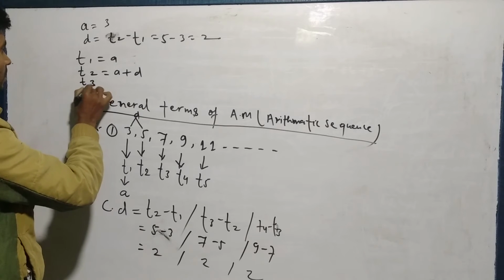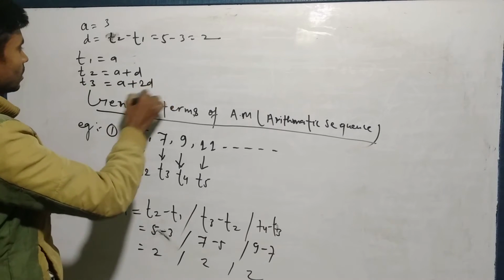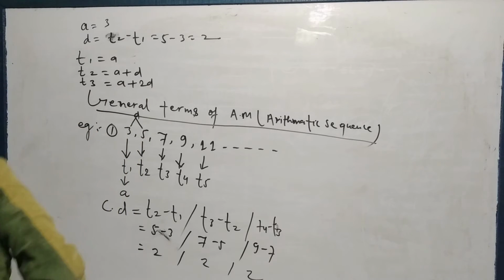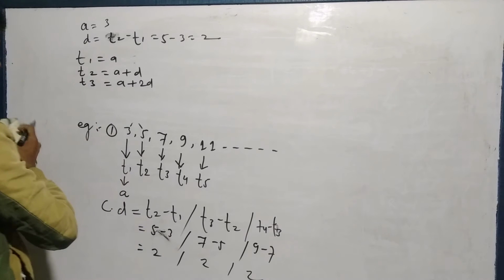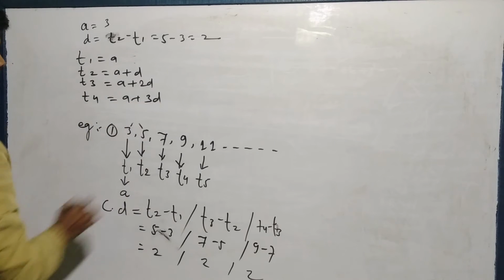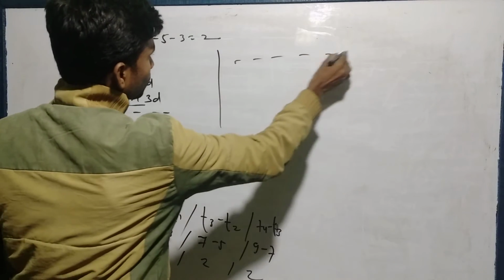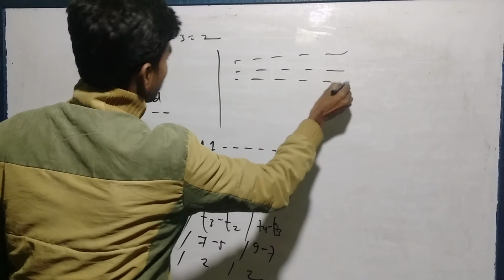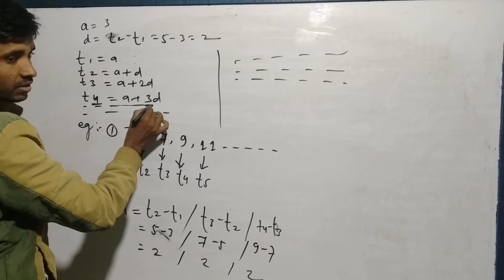So T3 equals A plus 2D, similarly T4 equals A plus 3D. It means, suppose here is T4, so here is 3D.